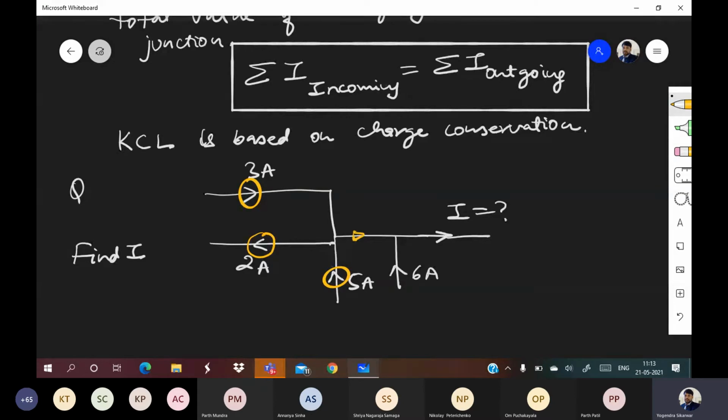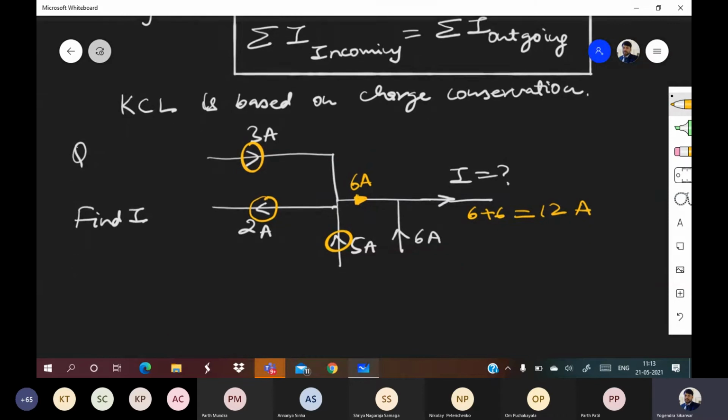So basically 6 is coming from here and 6 is coming from here. So how much does it become? 6 plus 6, and that will be 12 ampere. So that is also an example of Kirchhoff's current law.